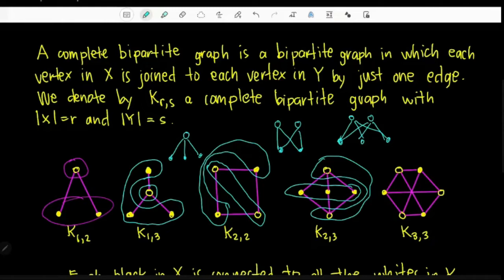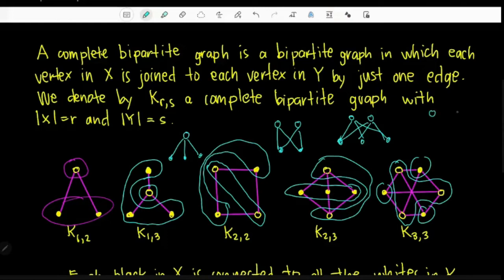This is K_{3,3}. Take note that there is no vertex in the center of the hexagon. So we have three blacks here, and then the whites. You can also draw that this way.